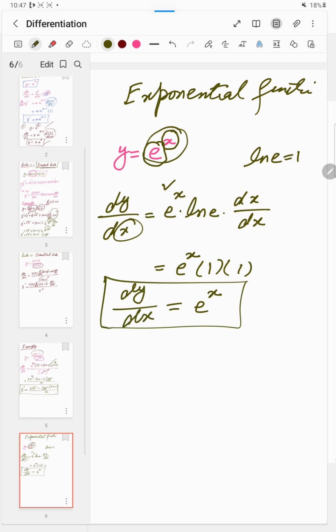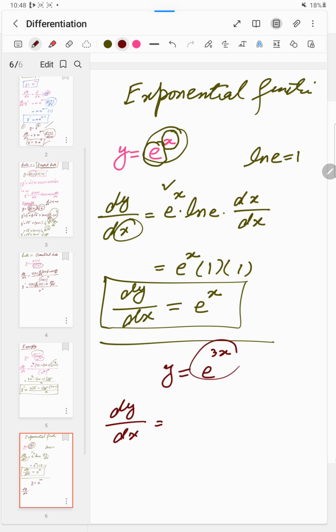But if the exponential function is in this form, let's suppose y is equal to e raised to power 3x. In this case we apply the derivative of the exponential function, so the exponential function will be as it is. We have to take log of the base, so the base is e. Now we have to apply the derivative to the power, so d over dx of 3x.